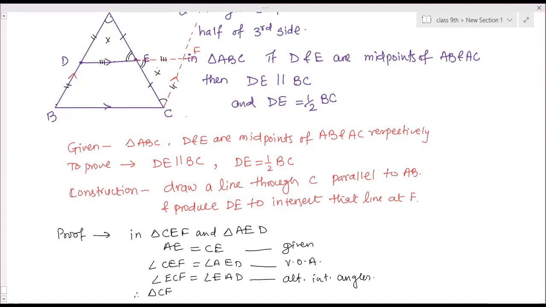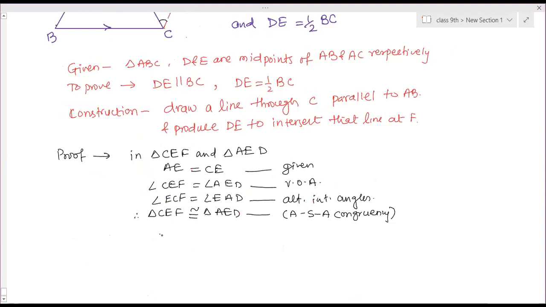Therefore, triangle CEF is congruent to triangle AED by ASA congruency, and therefore CF is equal to AD and EF is equal to DE. Reason is CPCT.